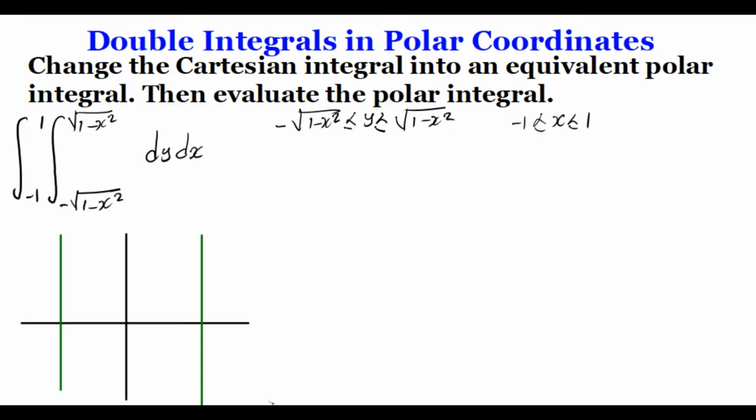Okay, then what does this now bring us to? So this is our y-axis, this is our x-axis. This is x is equal to 1, and this is x is equal to -1.